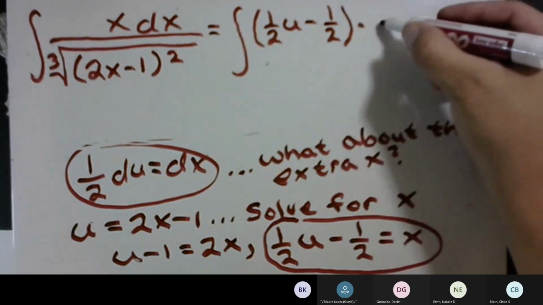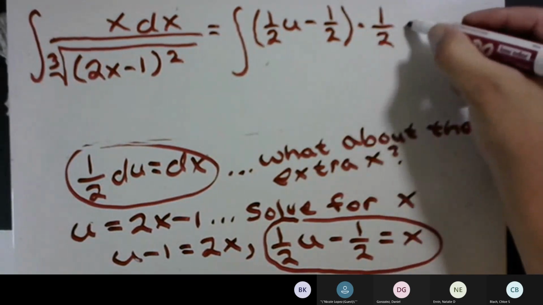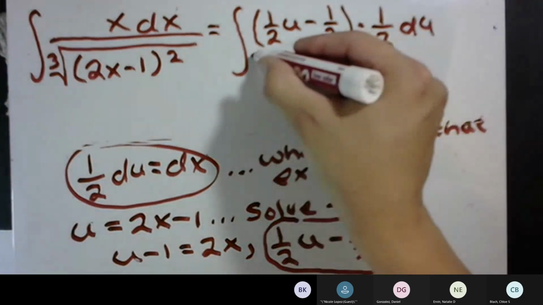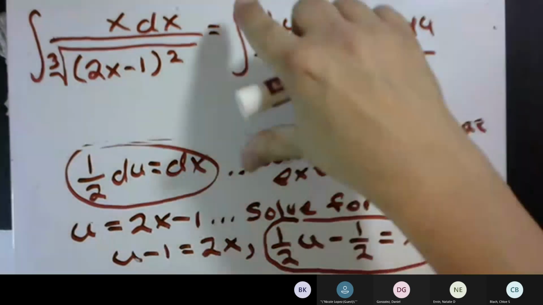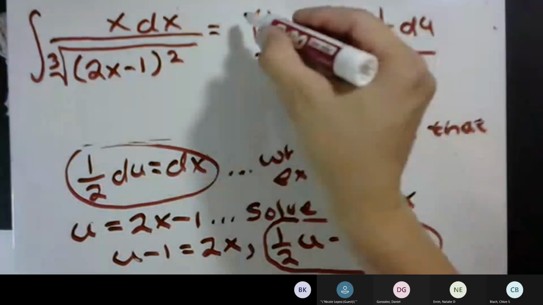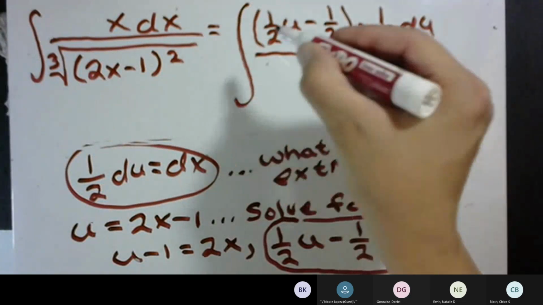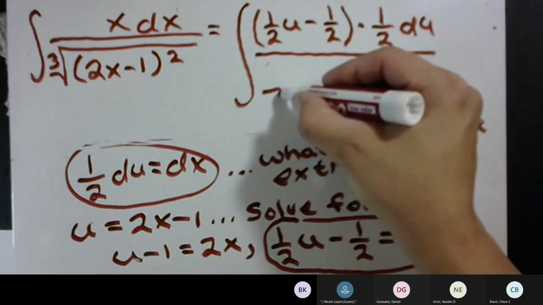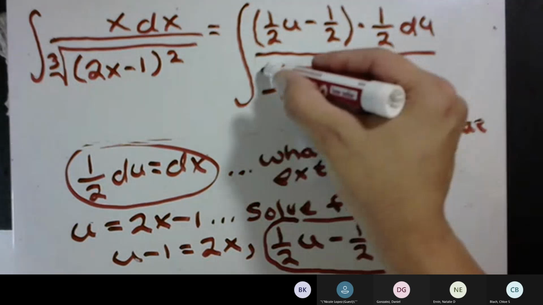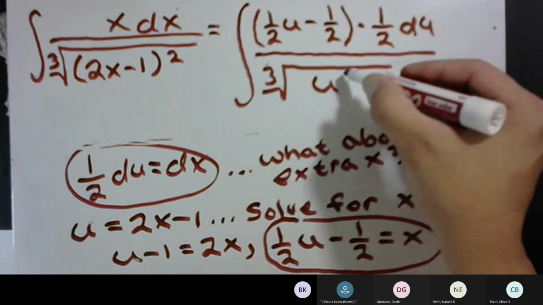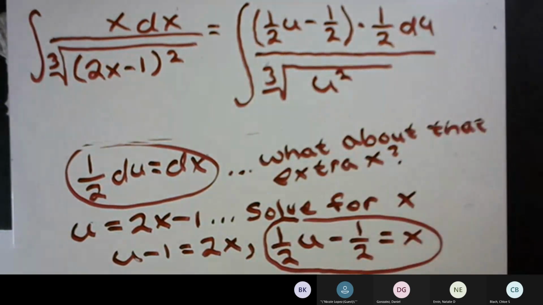Here's dx. That becomes 1/2 du. And then, I have to make my integral sign a little bigger. We'll be taking the cube root of u squared.